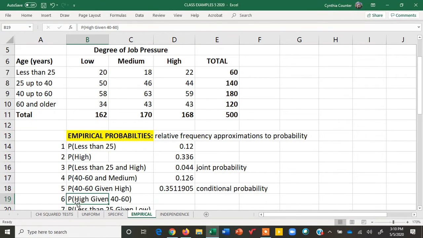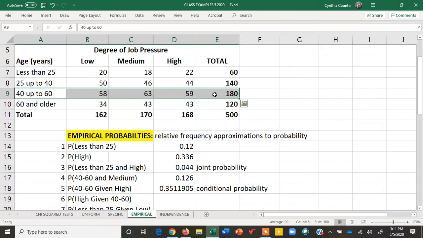Number 6 here, we have the probability of high given 40 to 60. Again, a conditional probability, but this time what's given is the age group. So we are given a category for age, an age category. So our sample space has shrunk down to this single row.